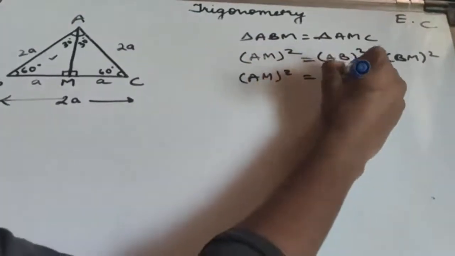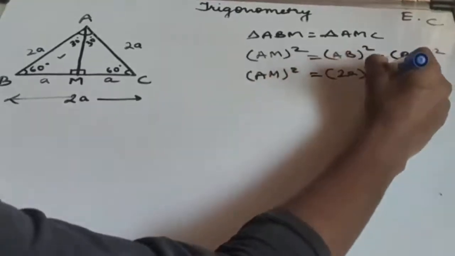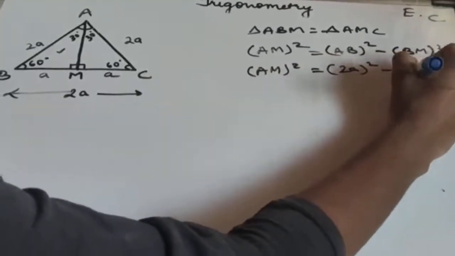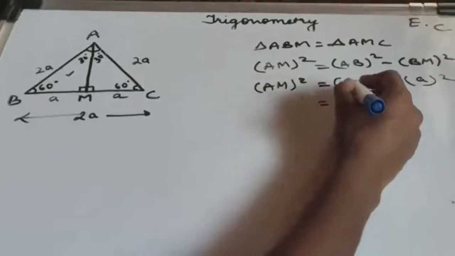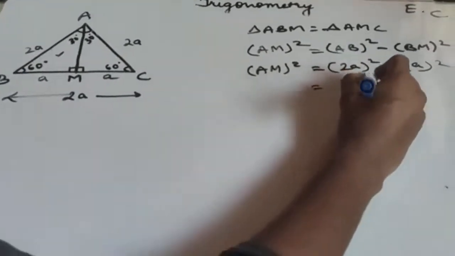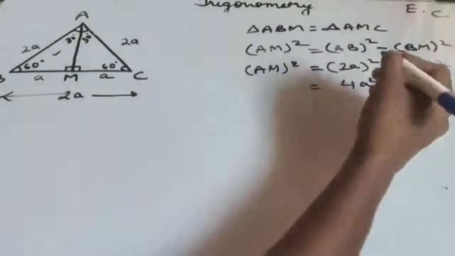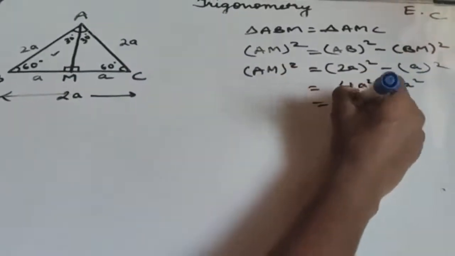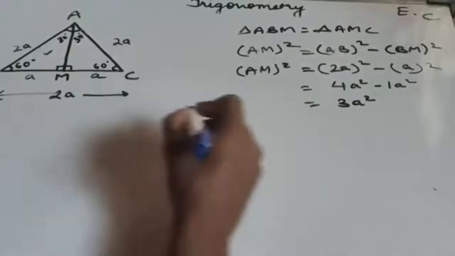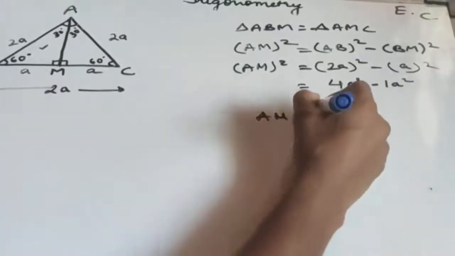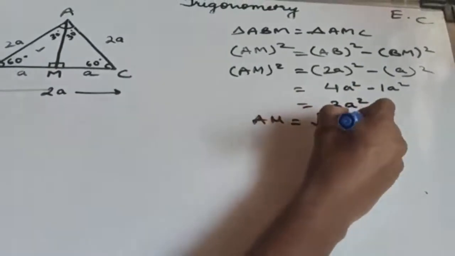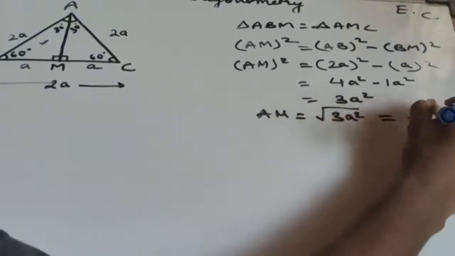AB we know the value, it is 2A, so square is 4A square. And BM is A, so A square here. So it will be 4A square minus A square, that is 3A square. And we know that AM is equal to root 3A square, it will be root 3 A.